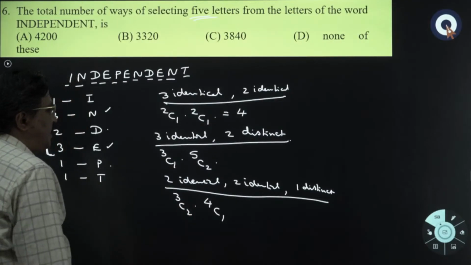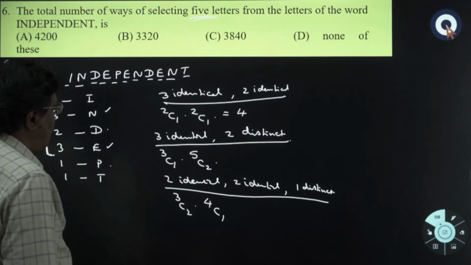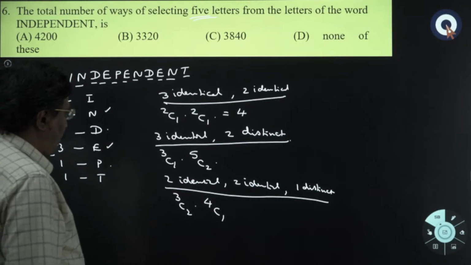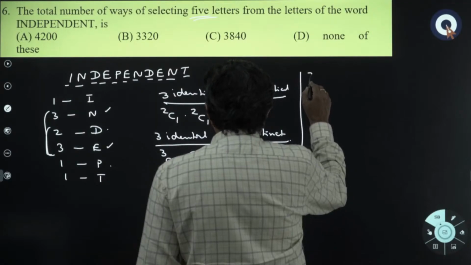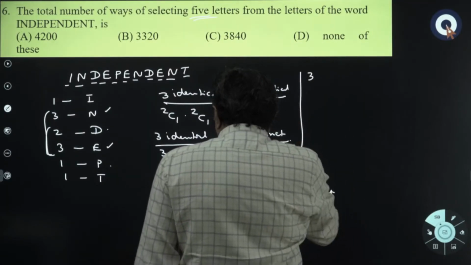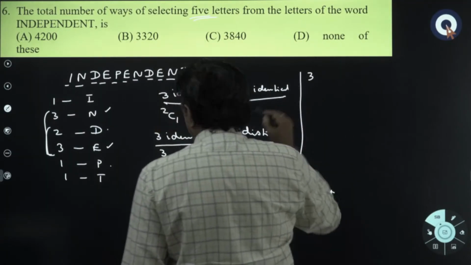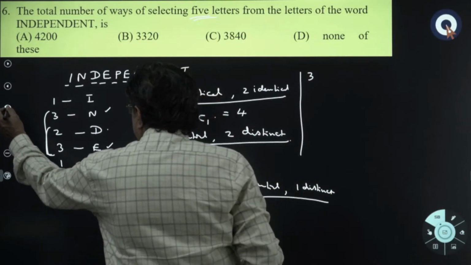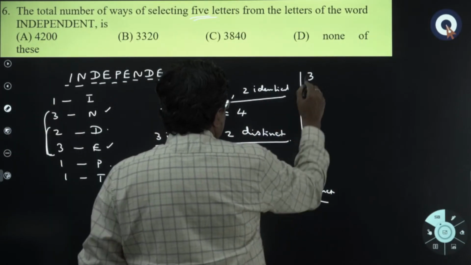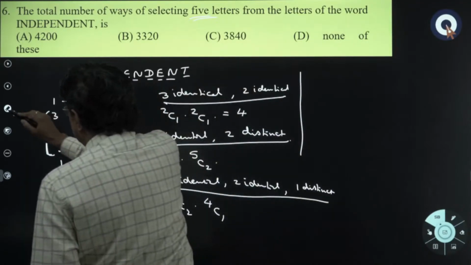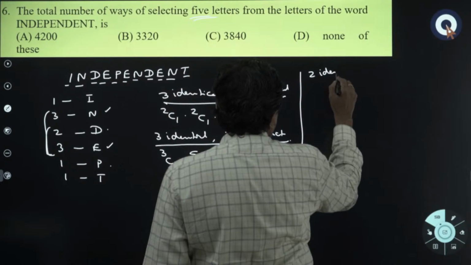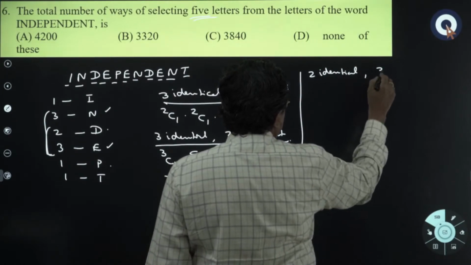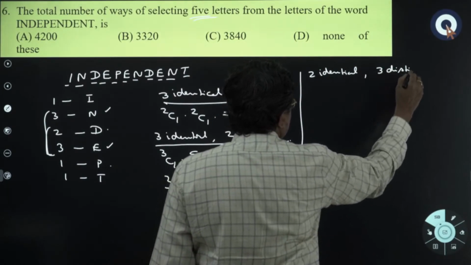So 2 identical, 1 different will come, right? And one more possibility is 2 identical, 3 distinct. You can take 2 identical and 3 distinct. Like that also you can take.